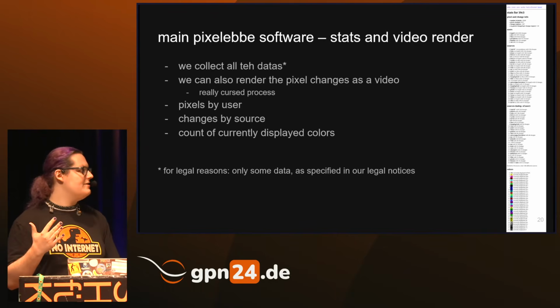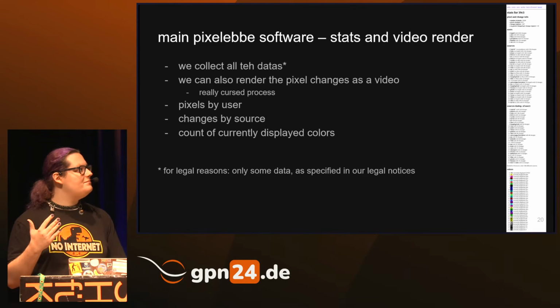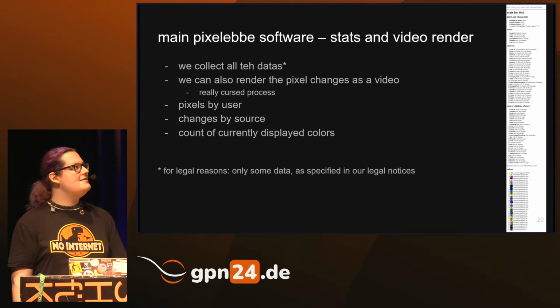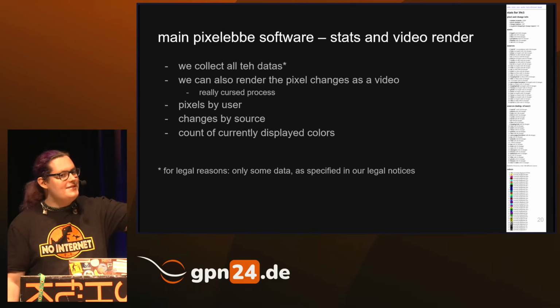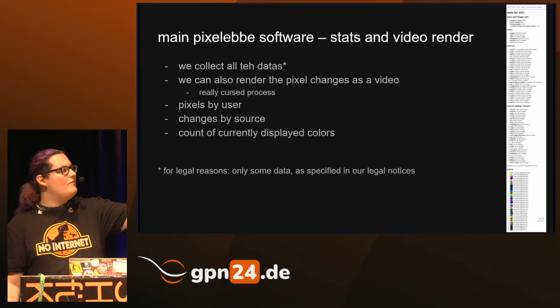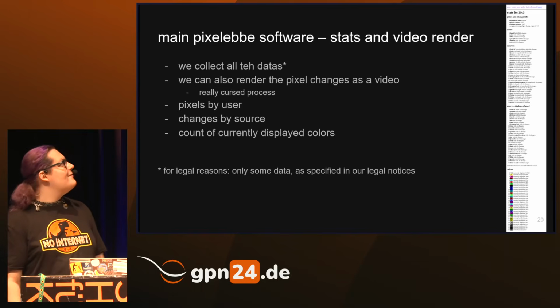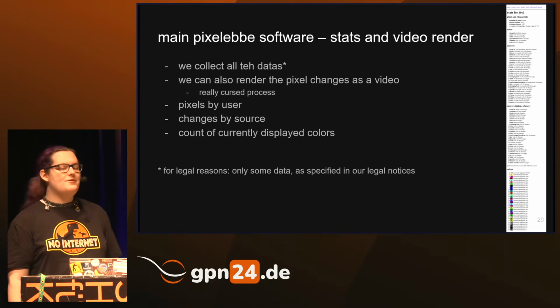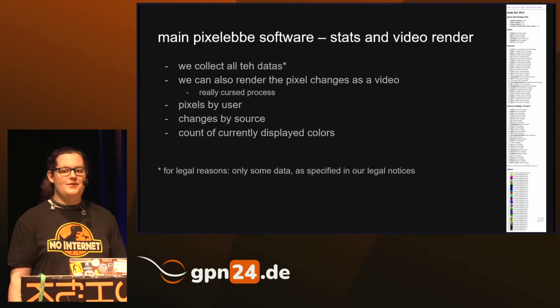And I think a timestamp as well. So we can list that on that huge stats page at the side. It's way too much data, so it's very small. We use all that data to render the pixels as a video later and to have an overview of who sent us a pixel.